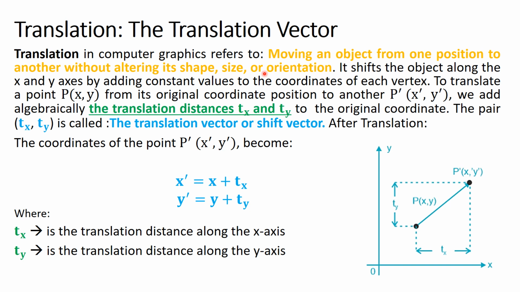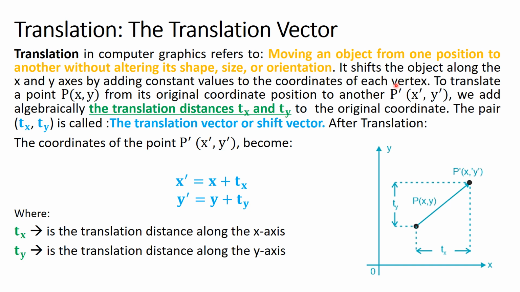It shifts the object along the x and y axis by adding constant values to the coordinates of each vertex. It moves the shape along the x-axis, the y-axis, or both by adding a constant value to the vertex.